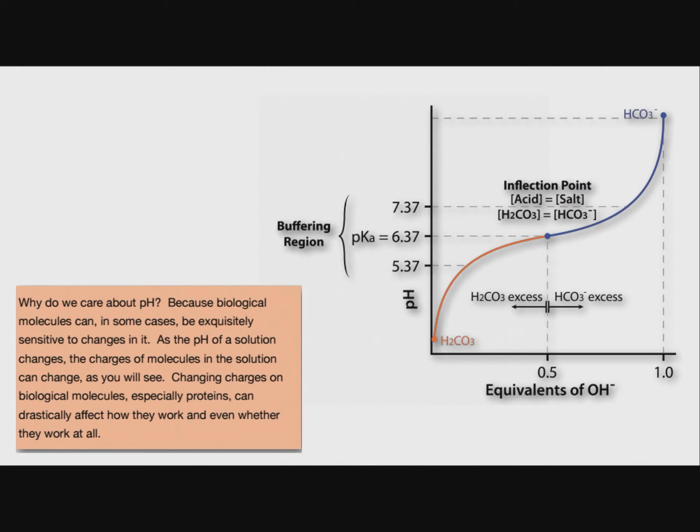But in this situation with bicarbonate, the protons are taken away by the added hydroxyl, but they're partly replaced by protons from the bicarbonate ion, or the carbonic acid. So this is why it's a buffer.